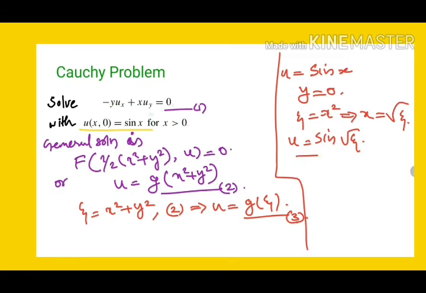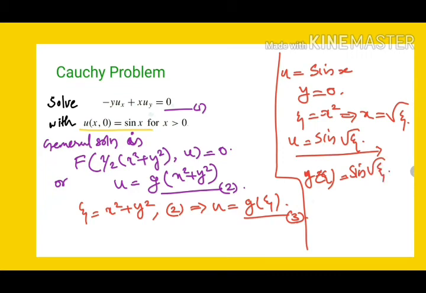Now combining 3 and 4, u is equal to g of theta, and g of theta is sin of root theta.